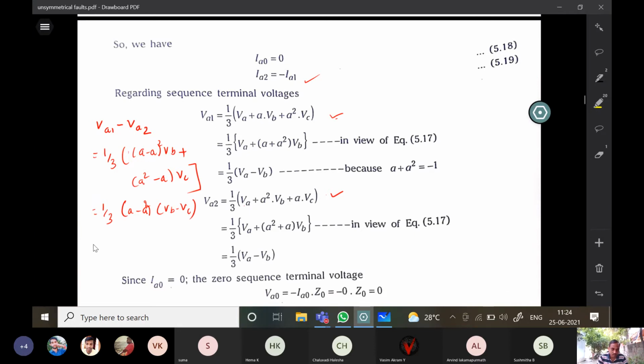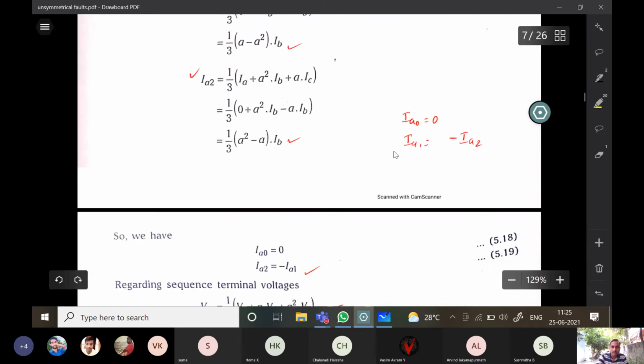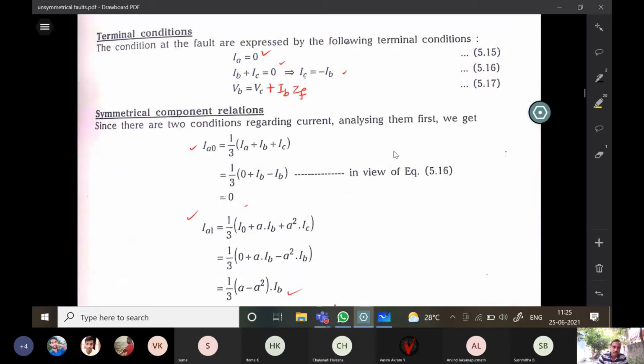So this can be written as 1 by 3 times of A minus A square. What is VB minus VC in the terminal condition we have written? VB is equal to VC plus something; take VC outside. VB minus VC is equal to IB into ZF, right?